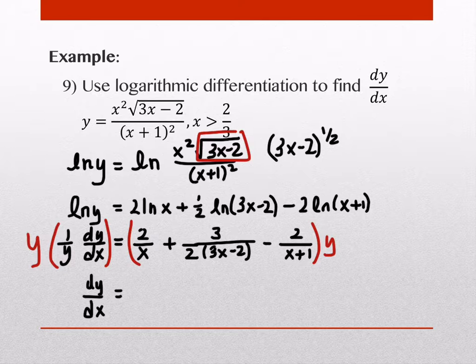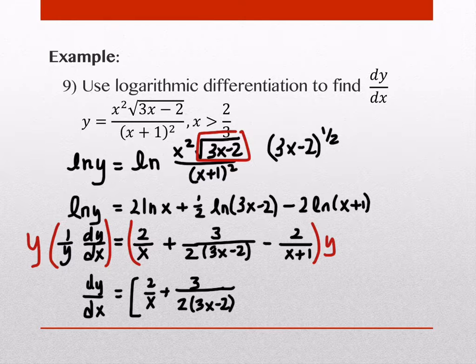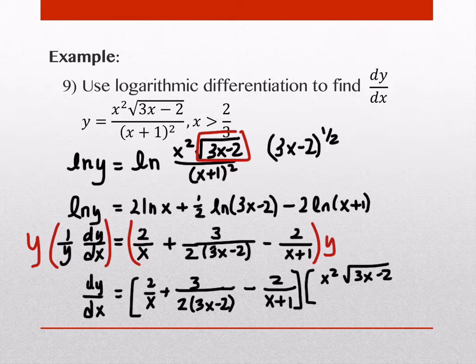All right, so we've got 2 over x plus 3 over 2 times 3x minus 2 minus 2 over x plus 1. And all of this is times x squared, square root of 3x minus 2 over x plus 1 squared.